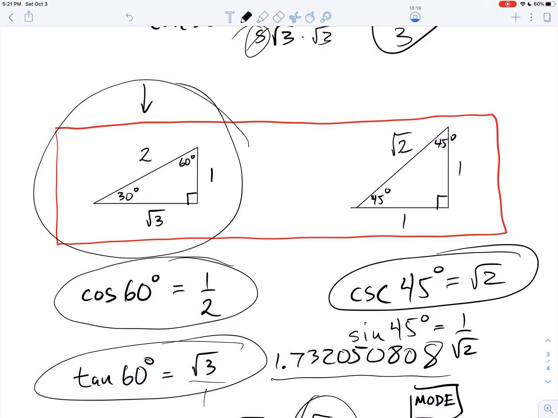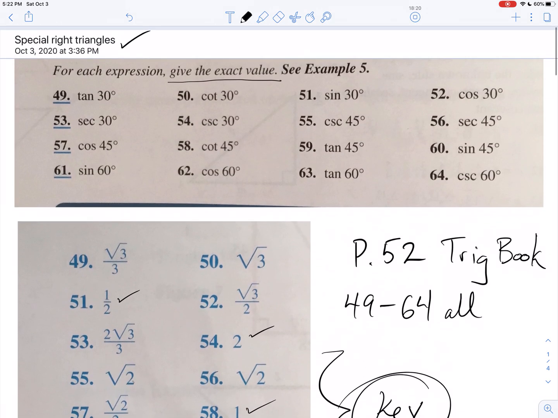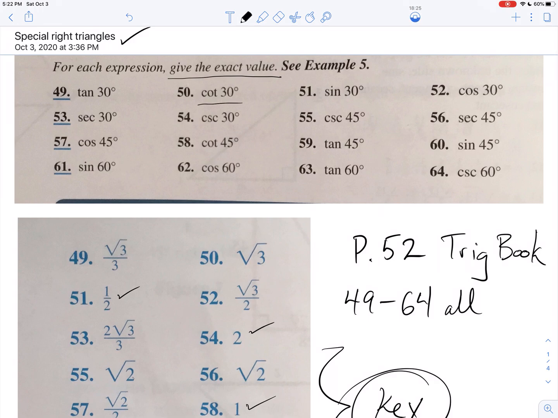But then I have to rationalize it. Let's go up again. Problem number 50, the cotangent of 30. Heck, I just did problem number 49. Could I just take that answer and flip it over to show them the answer to 50? You betcha you could. All kinds of fresh moves in this.